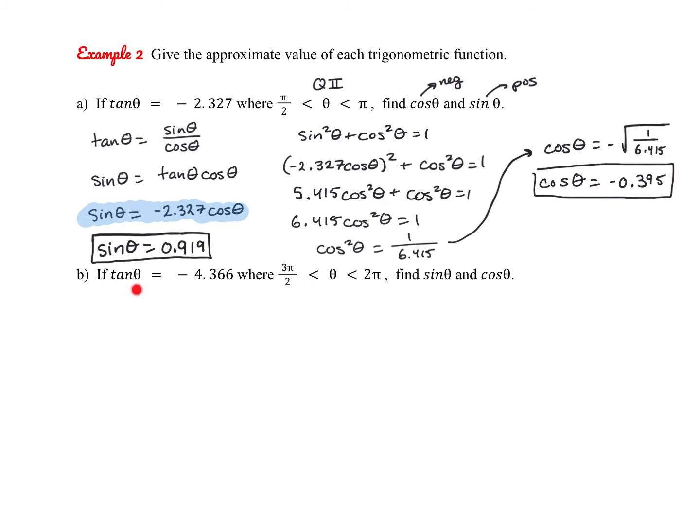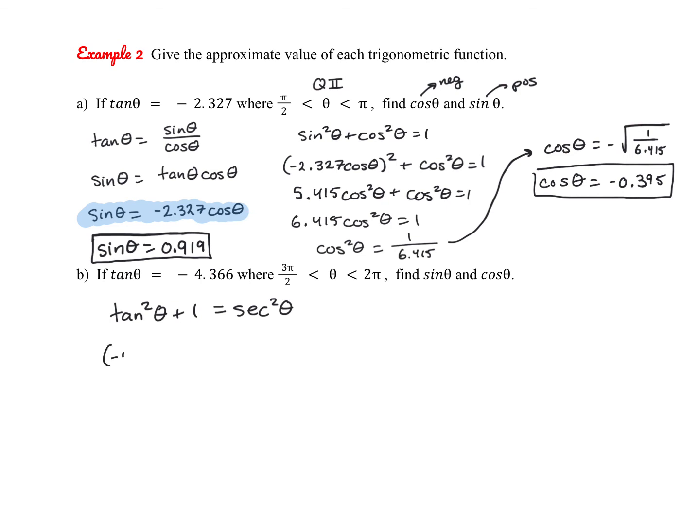Another way that we could go about this is we could actually use the Pythagorean identity that involves tangent. So remember that identity is tangent squared theta plus 1 equals secant squared theta. So we are given the value for tangent, so I could substitute that.